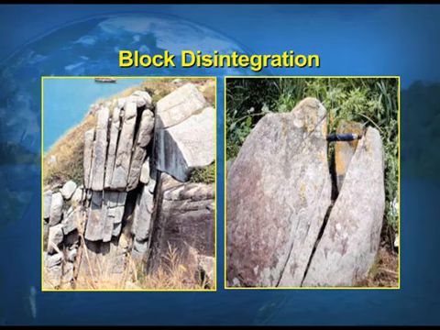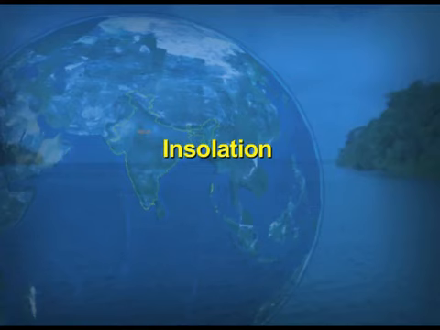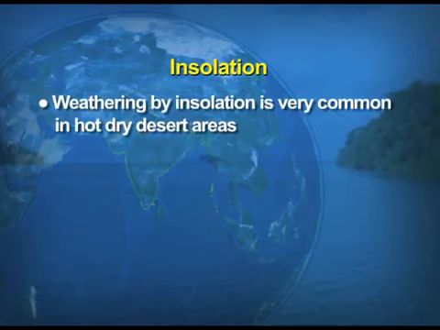Now, look at your screens and you can have a visual of how the block disintegration looks. Here there are a few boulders of the rocks, and they are disintegrated because of the effect of the insolation. Now, I would like to repeat that weathering by insolation is very common in areas which are hot and in the desert.